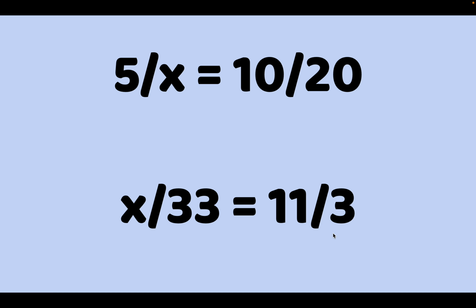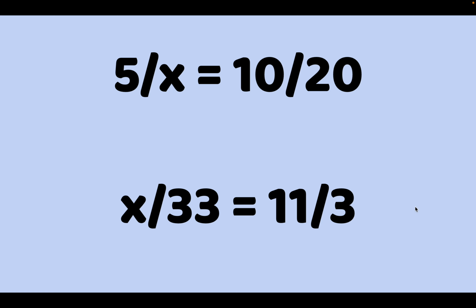We can cross multiply to get 3x equals 33 times 11. So that was the cross multiply method, and then you can solve to find x, or we can see that here the denominator is multiplied by 11. So that means that x equals 11 times 11, which would be 121.